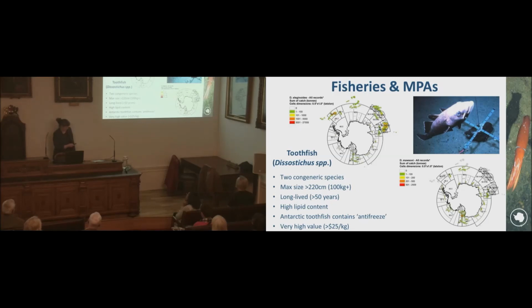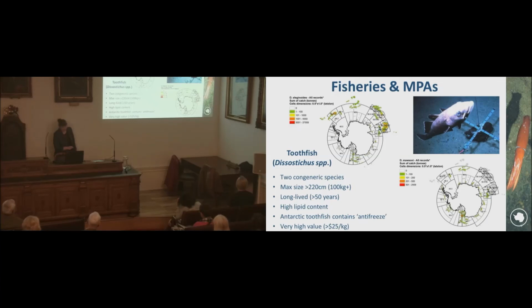And we have the fisheries for the subantarctic around South Georgia, the Falkland Islands, and all the subantarctic islands. And we have the Antarctic fisheries, especially concentrating in the Ross Sea and marginally in the other seas.